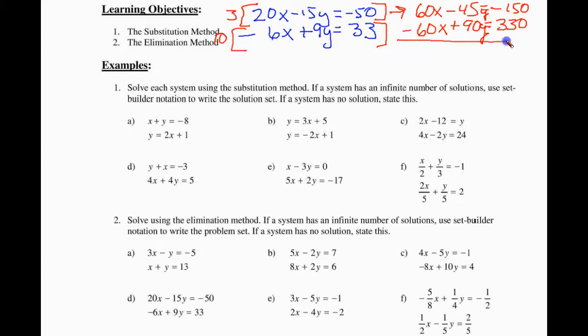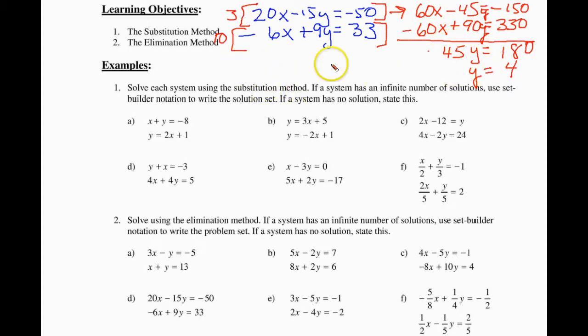So now I put my line, and I have to add up my columns. So I get 45y equals 180. Divide both sides by 45, I get y equals 4. And you have to, again, there's a lot of algebra, and it takes time to check your work.